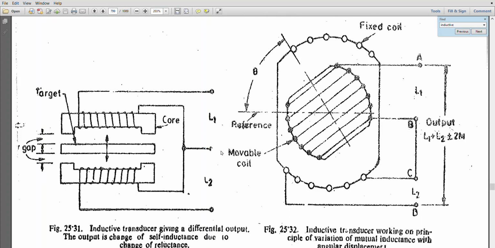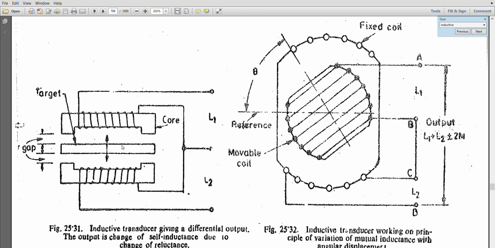Okay, so now what we will see, you have two ferromagnetic cores here, and here is the iron core that is going to make a movement between this air gap, and these two cores are serially connected. Both of these cores have magnetic flux lines, and what happens when there is a change in the magnetic reluctance path, which is produced by the movement of the iron rod?